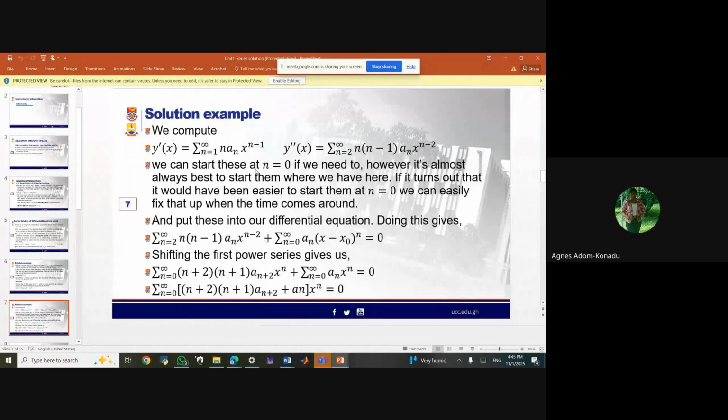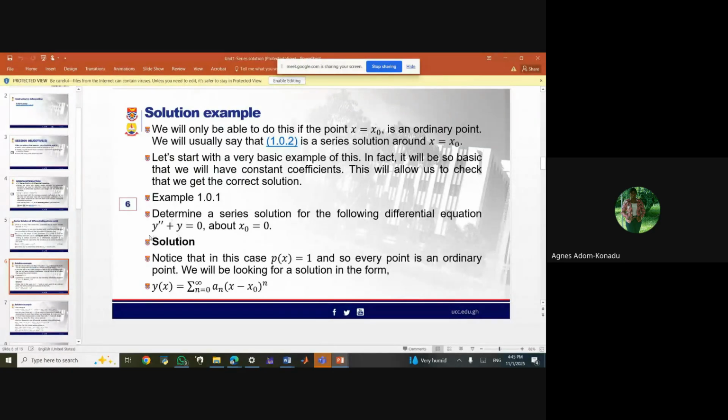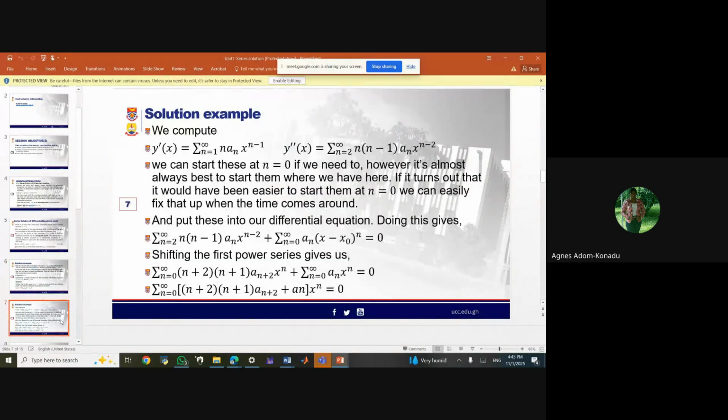So we substitute our first differential and second differential into the equation. Please, this is the equation. We have the first and second differential here, and we have the function. So when you substitute them, we're going to get the second differential here, plus there is no first differential, so that one we don't need. So we need the original function equal to 0.